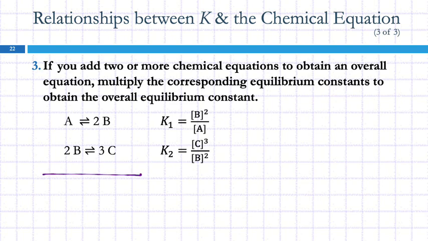If I add these two equations, before I start writing stuff down, I'm going to see if there's any intermediates. So here B is being formed and then it gets destroyed. So those are not going to show up in the overall equation. So the overall equation is A goes to 3C.